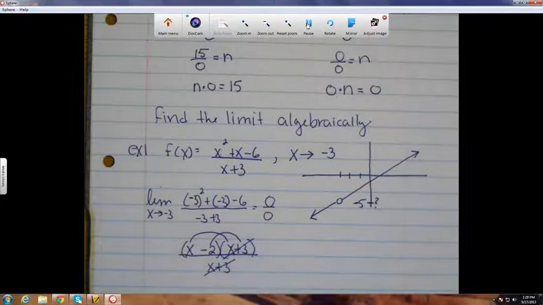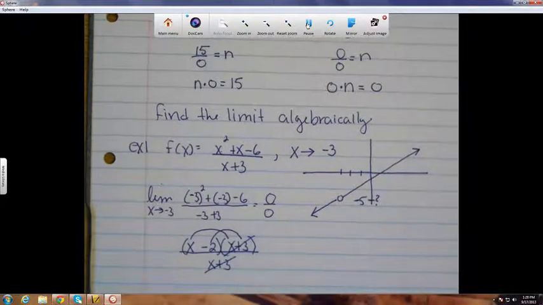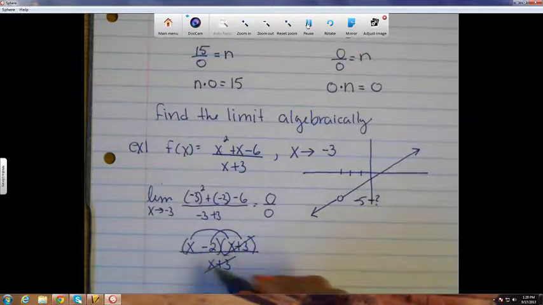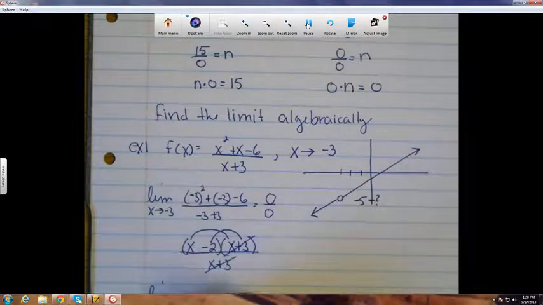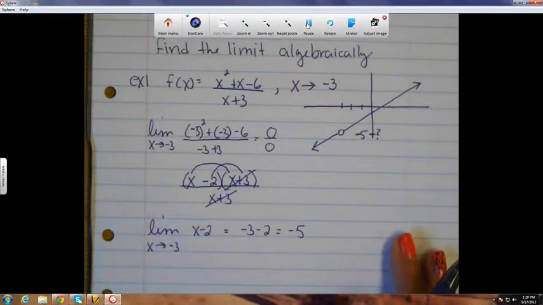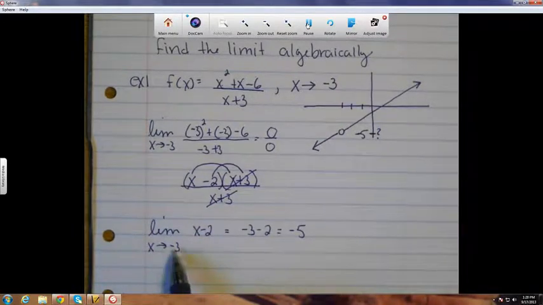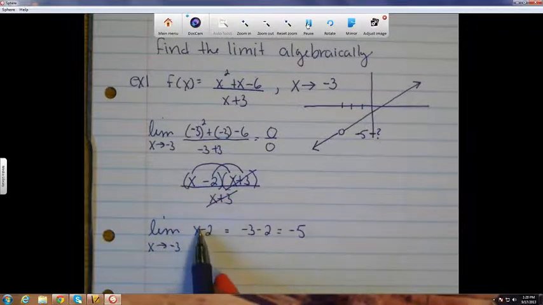Okay, I'm back, and I don't really remember where I left off. But I know we factored, we removed the discontinuity. Now to find the limit algebraically, we're just going to use the limit as x approaches negative 3 of just the remaining factor, x minus 2.